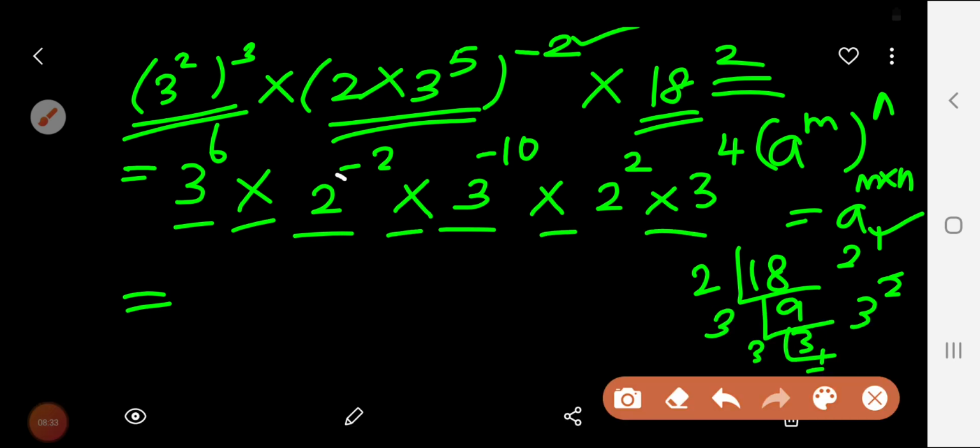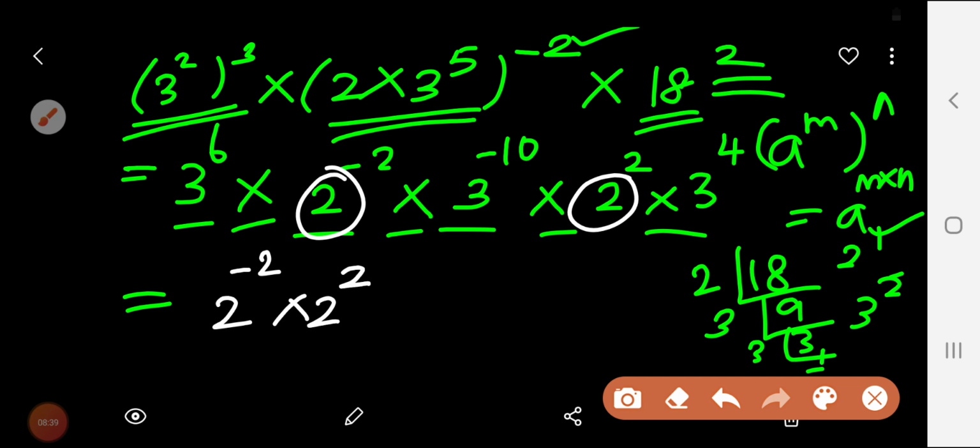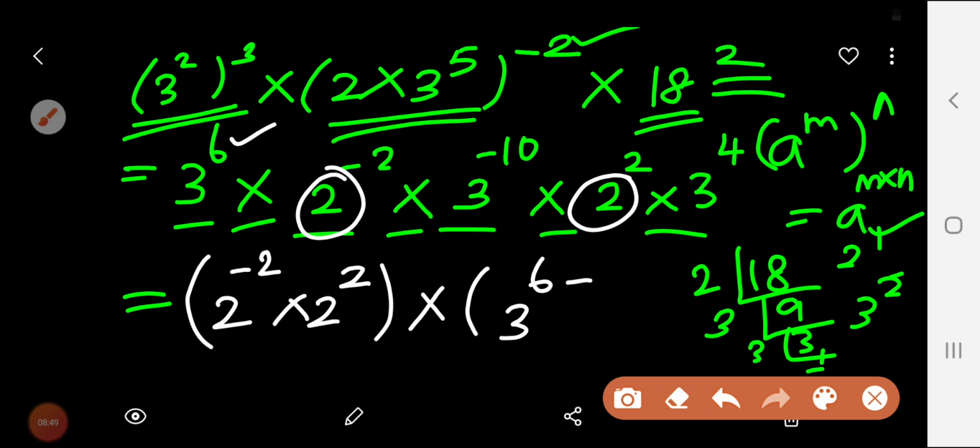First I pick 2 alone. So here 2 power minus 2 into 2 power plus 2. Keep this term. Next we have to take 3 power. We have to add every power. So 3 power 6 minus 10 plus 4. Now 2 power minus 2 plus 2.